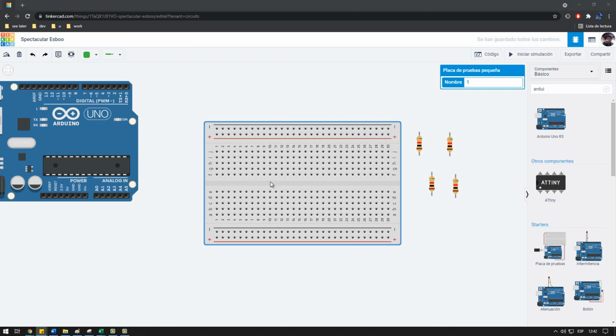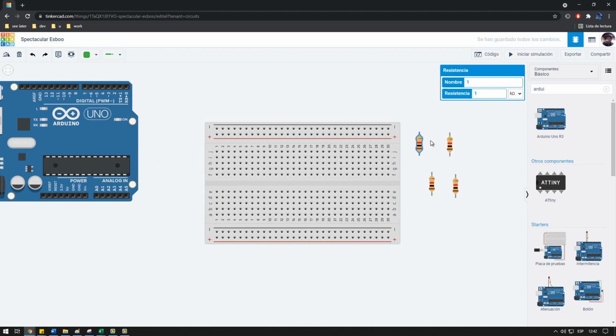In this case, I'm going to use the testing board horizontally, so the energy source needs direct contact with the parallel circuit. I place R1, R2, R3 in parallel. Of course, first we need to set the respective value to each resistance.